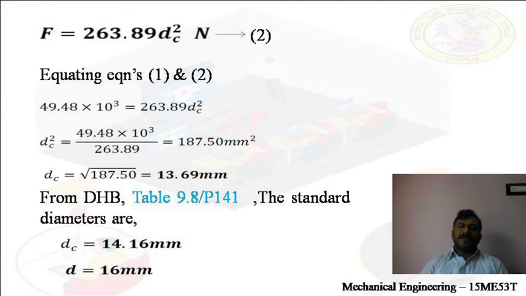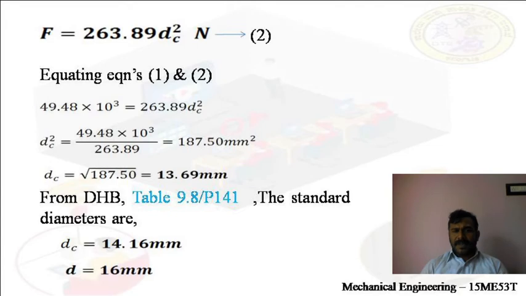That means here we are going to calculate the circumferential pitch, the minimum circumferential pitch and the maximum circumferential pitch. If the circumferential pitch of the stud lies between the minimum and maximum circumferential pitch, then the chosen diameter of the stud is satisfactory. That means it can be used for a leak proof joint.